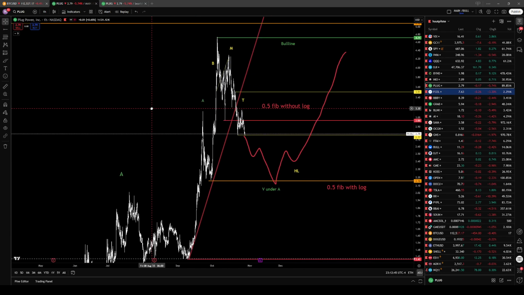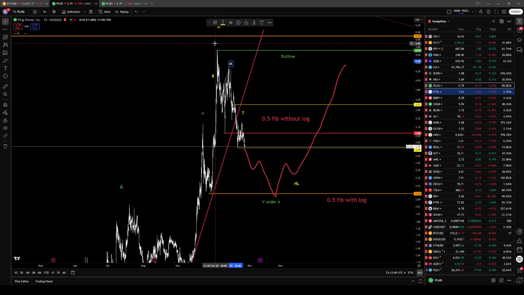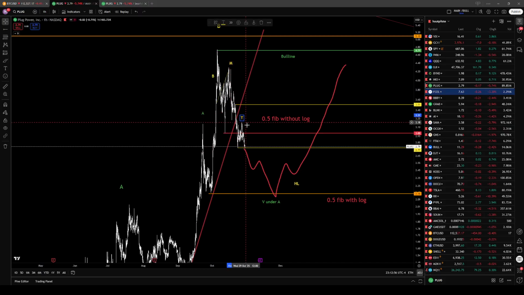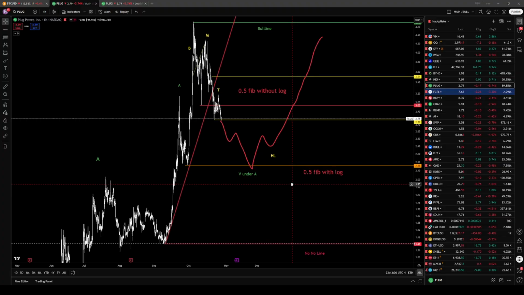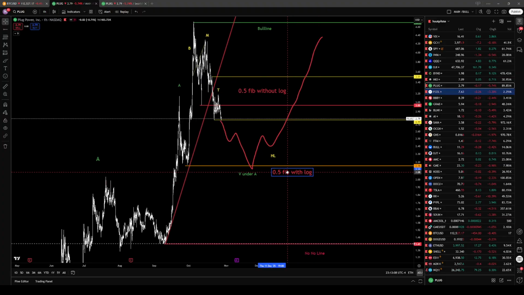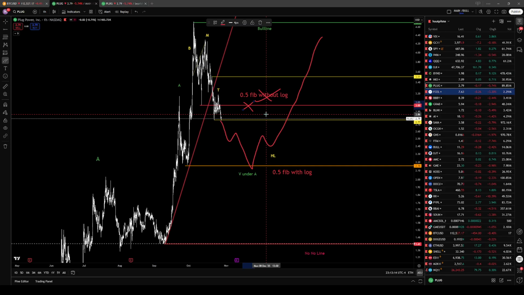And for the bullish version, it's kind of clear. This was your little C, lower high, little midpoint. This was our little T. And right now, we are clearly on the way to our V and A, which is here. So 215. And that would also be the 0.5 MIF log. So in my opinion, this line we can clearly delete now.